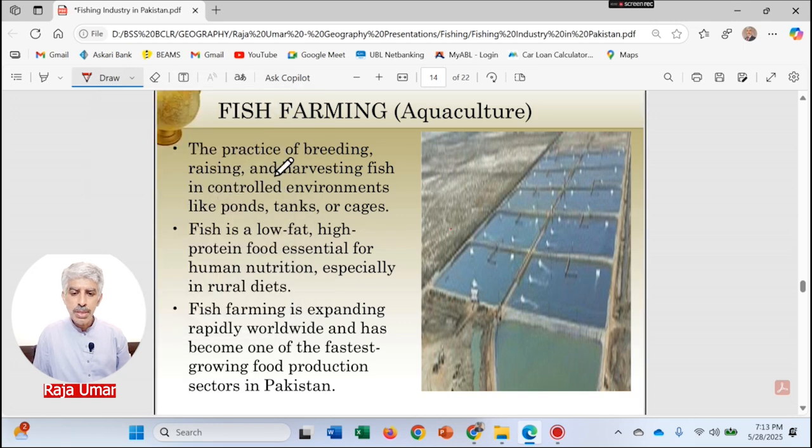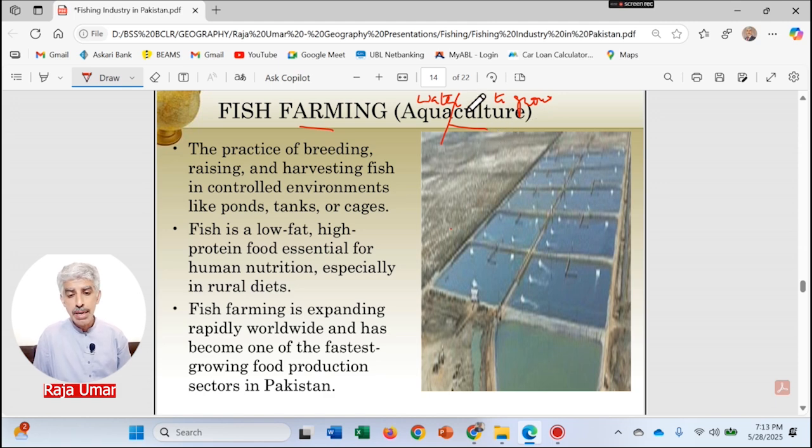We're going to discuss what is meant by fish farming. In other terms, we call it aquaculture. These are two Greek words, a compound combination of two. Aqua means water, you already know that, and culture means to grow. In medical or scientific terms, culture means to grow.